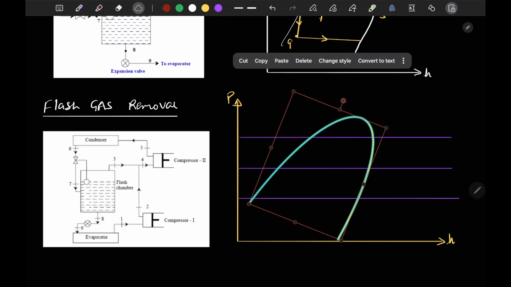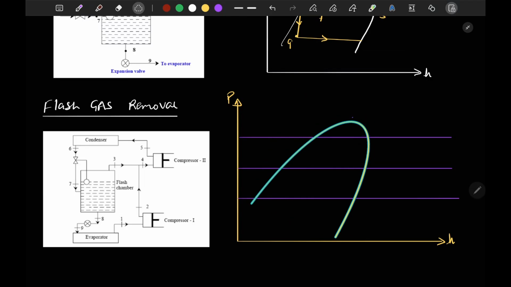I think this will work. So these are our three pressure lines: the condenser pressure, the flash chamber pressure, and the evaporator pressure.